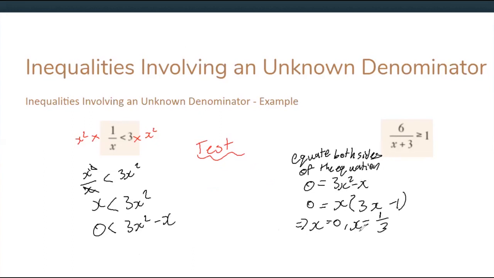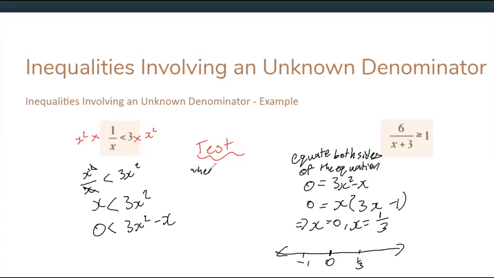So a value that's on the left of these 2 points on an axis. If I draw it on a line and I have 0 and a third, a value that's to the left is going to be, say, -1. And if I sub that into this inequality, I find that we have 3, and -1 squared is going to be 1, -1, so that's going to be 2.